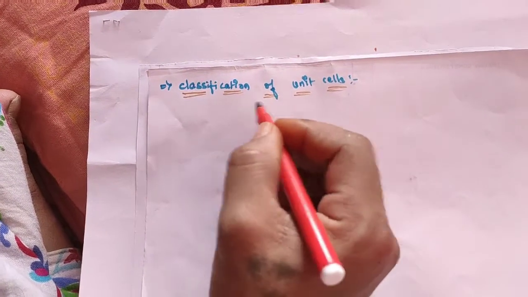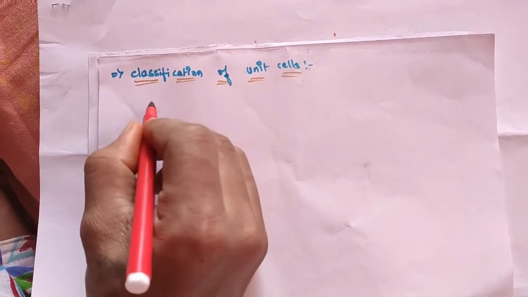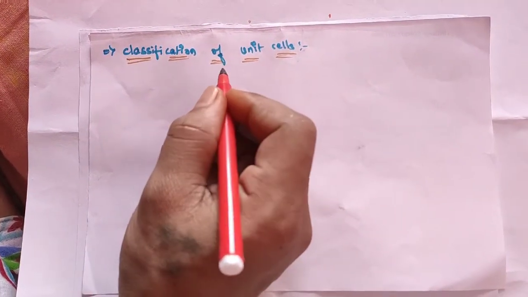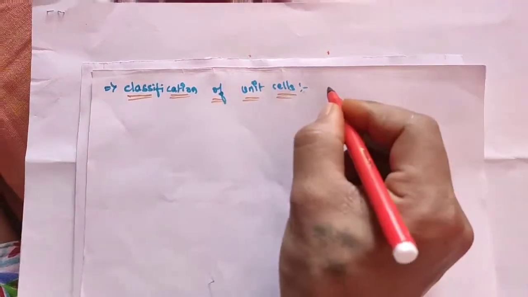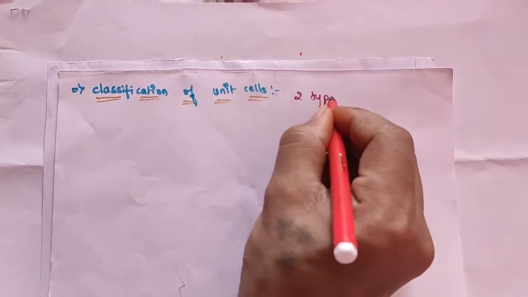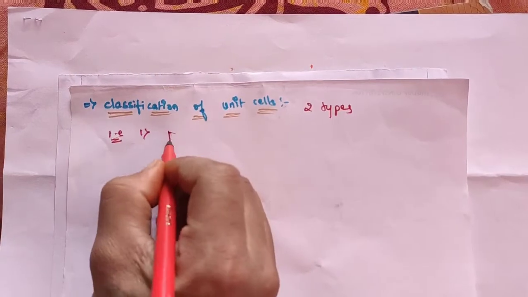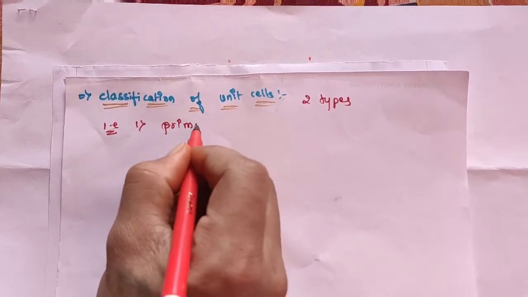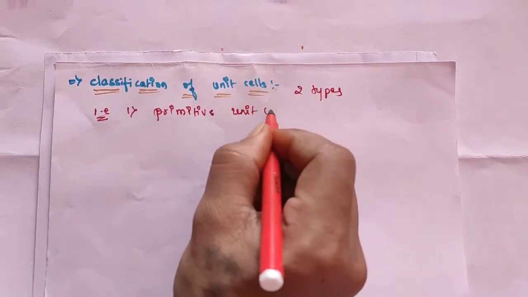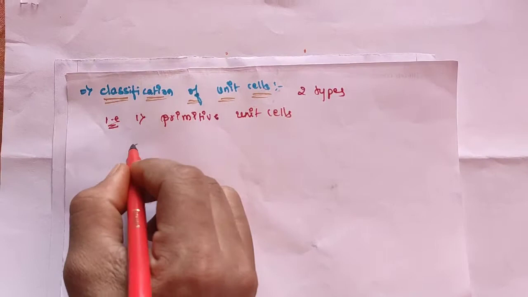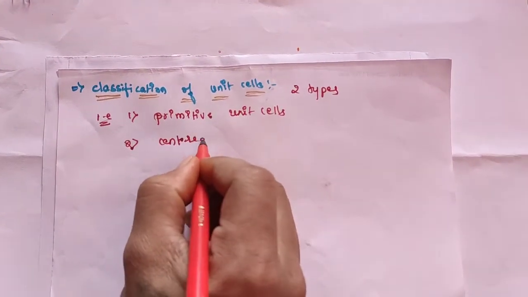Here the next concept is classification of unit cells. Based on the positions of constituent particles, unit cells are broadly classified into two types, that is, primitive unit cells and centered unit cells.